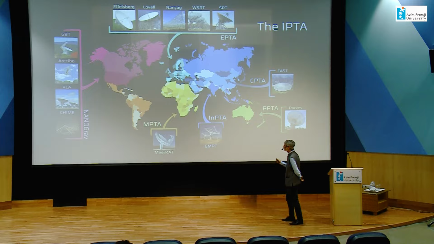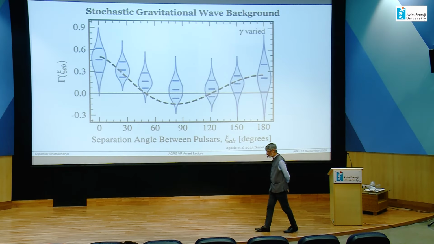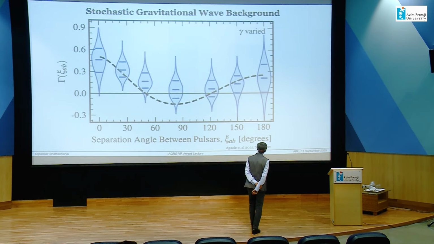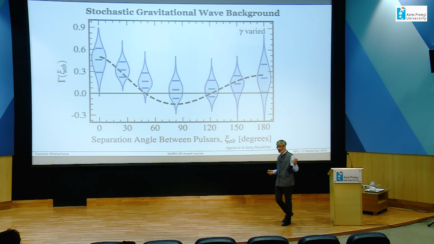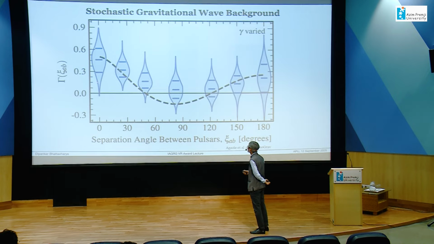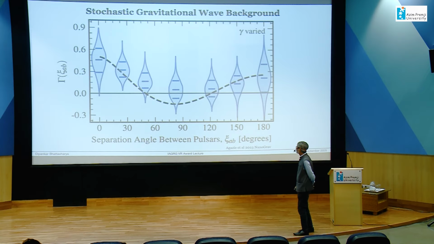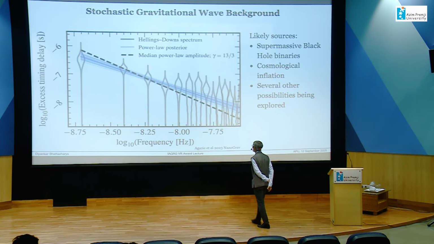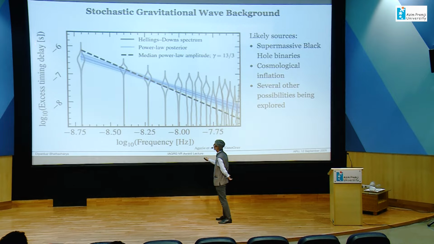All of that together forms the International Pulsar Timing Array, and they have been doing this for many years now. And a couple of years ago, the first detection results were published. This is from NANOGrav, and there are also other results from EPTA and the Indian Pulsar Timing Array. This is the Hellings-Downs curve. So this is the first detection of a possible Hellings-Downs signature and a spectrum of the frequency of gravitational wave versus strength.